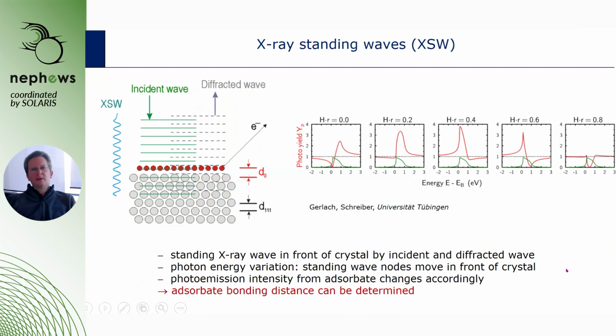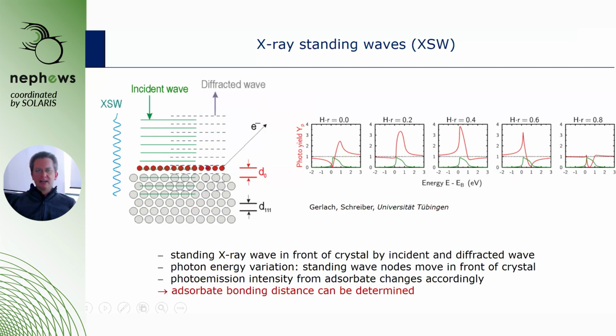Now, this is a method that goes beyond just electronic structure. This gives you structural information. Think you have a crystal with an adsorbate on the surface. If you come in with photons of an energy very close to or at the Bragg condition for diffraction in the surface normal direction, you will have the superposition of your incident X-ray wave and of the diffracted X-ray wave, meaning that you will create a standing wave pattern of nodes and maxima just above your surface.